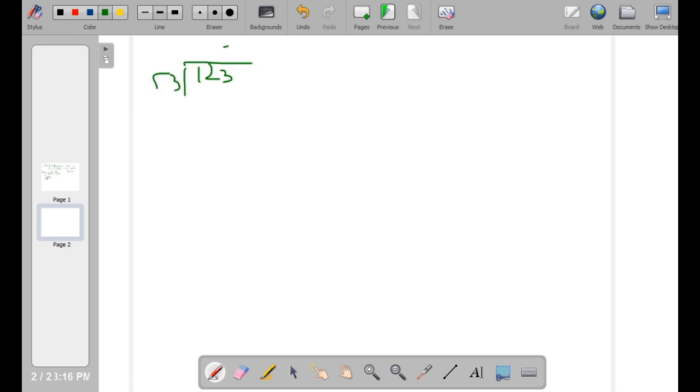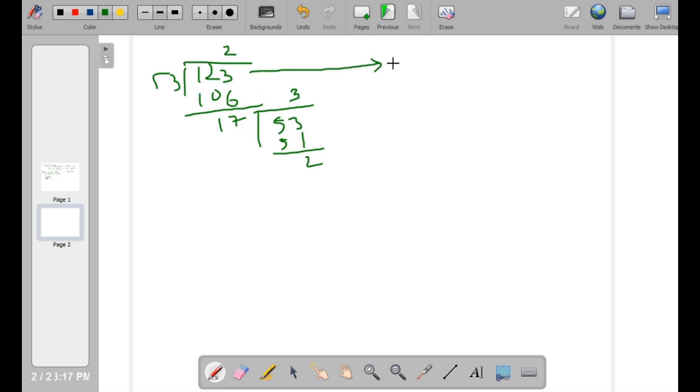So from this we can write 123 equal to 53 into 2 plus 17.